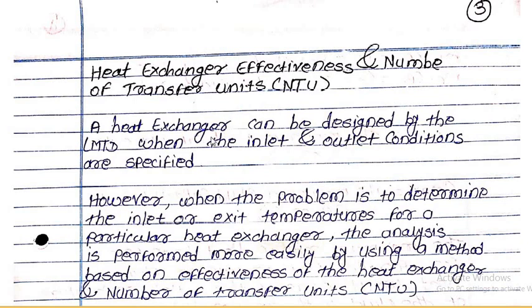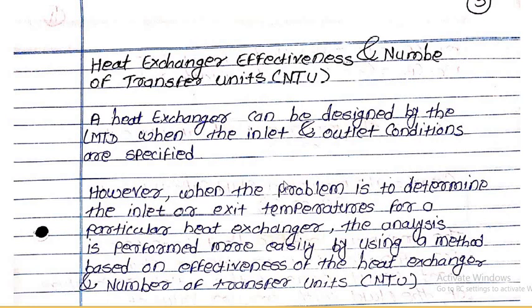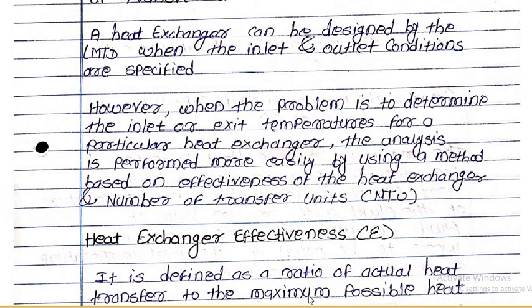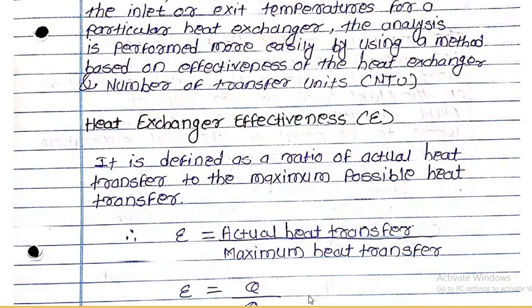Here the heat exchanger can be designed by LMTD when the inlet and outlet conditions are specified. However, when the problem is to determine the inlet or exit temperature for a particular heat exchanger, the analysis is performed more easily by using a method based on the effectiveness of the heat exchanger and number of transfer units, that is nothing but NTU. Now what is meant by heat exchanger effectiveness?